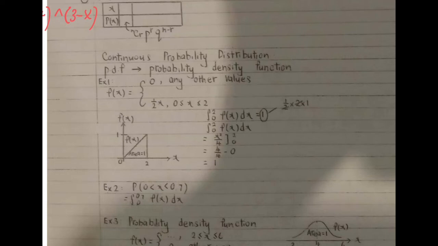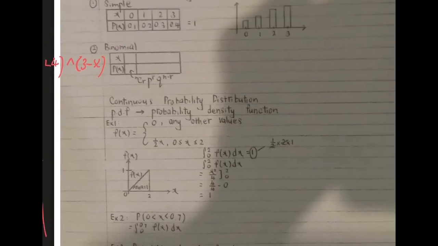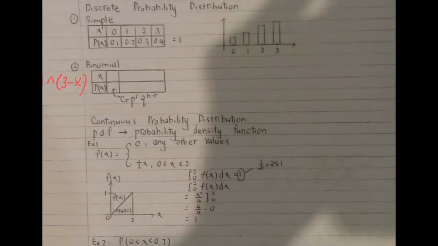So continuous. In general, I put it in this way first. Our probability distribution is subdivided into discrete probability distribution and continuous probability distribution.